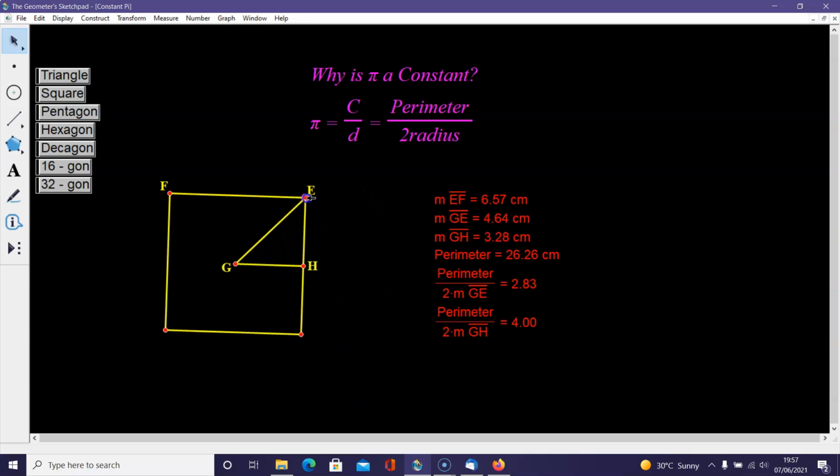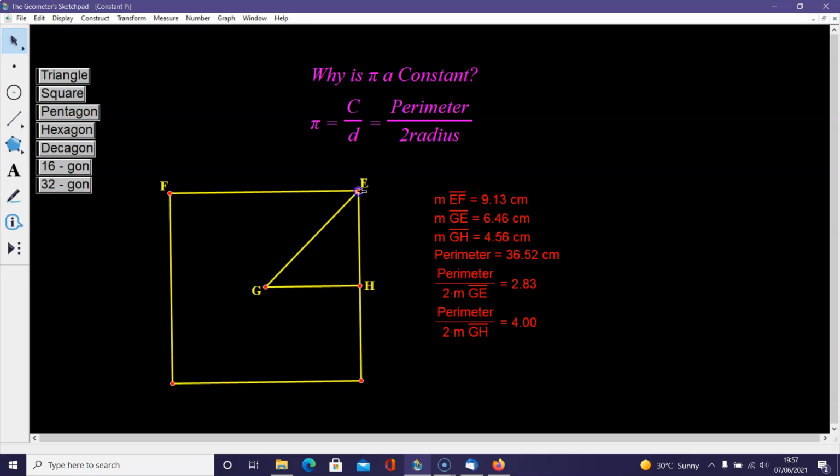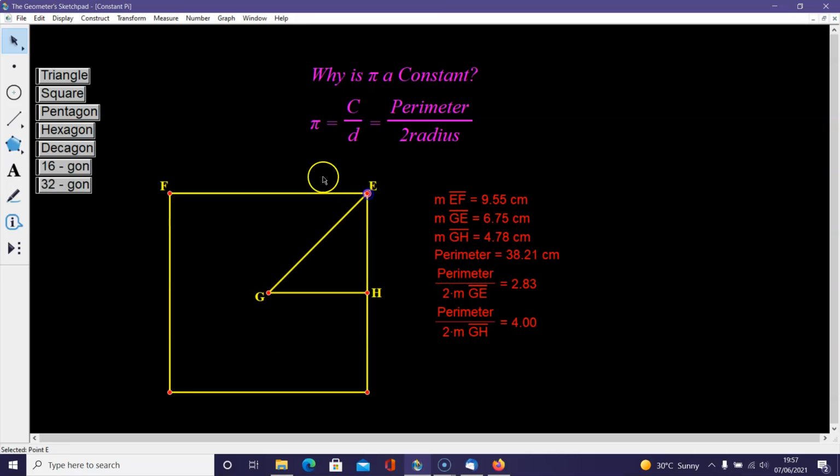And so we notice very quickly that just like for the triangle, these two numbers are constant for all squares. And the Greeks would have known this. They would have figured this piece of the puzzle out. And so we know for a three-sided figure, the ratio is a constant. For a four-sided figure, the ratio is a constant.